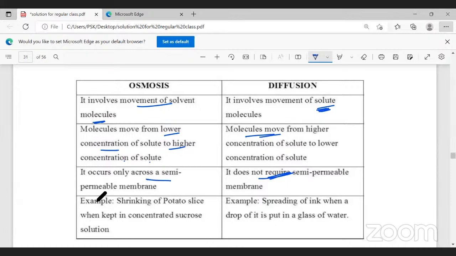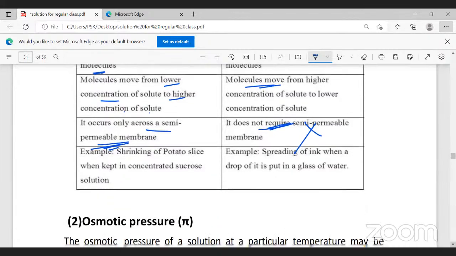Osmosis definitely requires a semi-permeable membrane, but diffusion doesn't require a semi-permeable membrane. Example, they have given shrinking of potato slice when kept in a concentrated sucrose solution. You can give an example, raisin in water, all that you can give. And diffusion is spreading of ink. If you put a drop of ink in a container of water, what happened? The ink gets completely spread in water. That process is called diffusion.